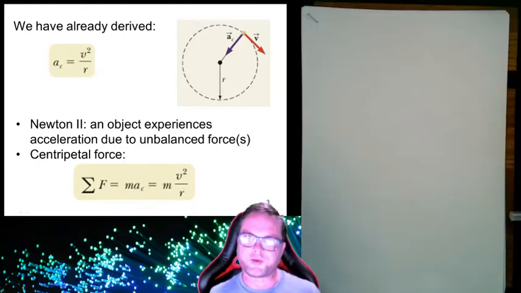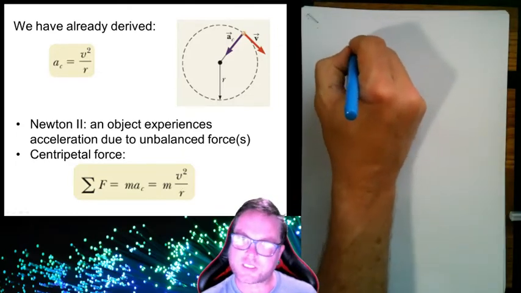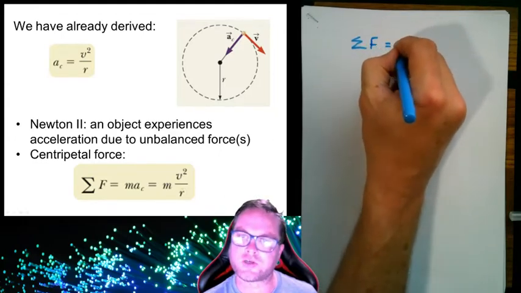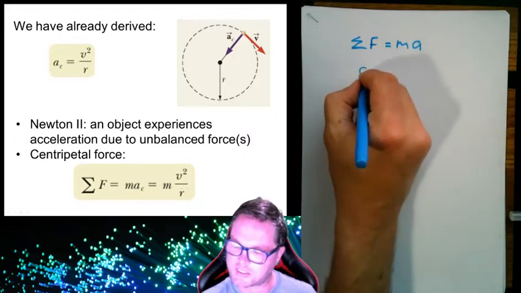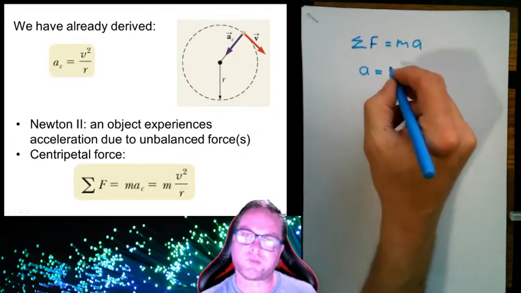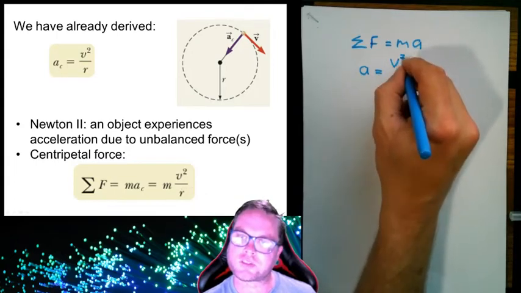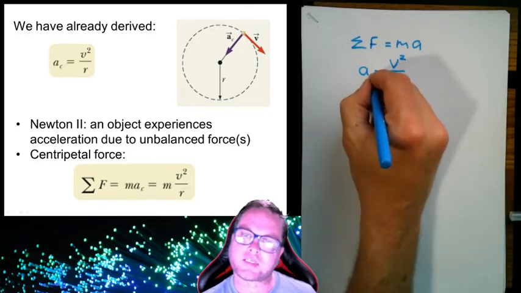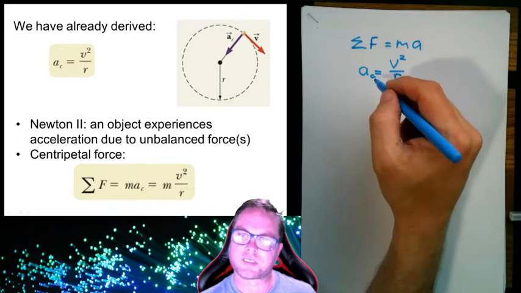So we're going to be combining those equations to give us a tool to solve these types of problems. The first equation is Newton's second law: the sum of the forces is equal to mass times acceleration. The second equation, from the previous chapter, is that the centripetal acceleration is equal to v squared over r. Remember, we decided to use the subscript c to denote centripetal acceleration.